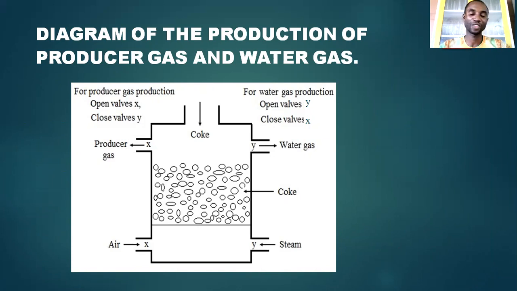So just like we explained, blowing air into the chamber of coke gives what? Producer gas. But when water is allowed to run over the coke, it is going to produce what? Water gas. The components of water gas, once again, are carbon monoxide and hydrogen. The components of producer gas are carbon monoxide and nitrogen.